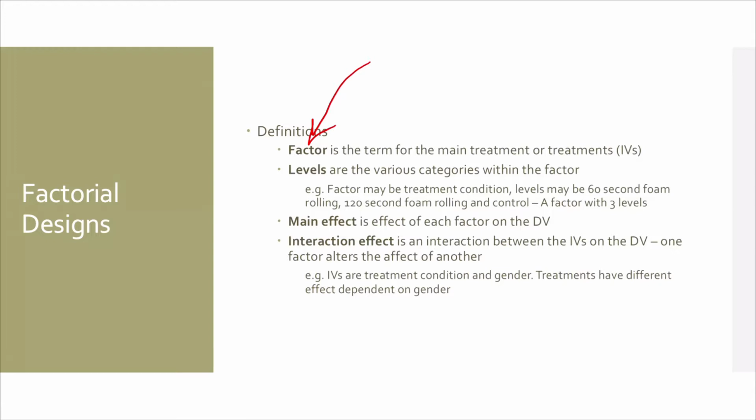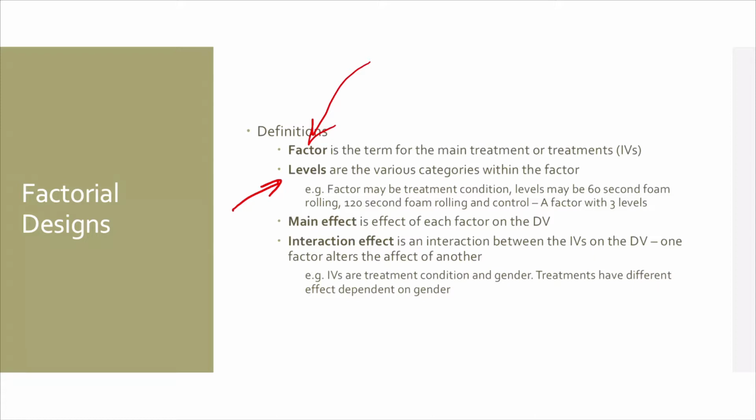So again, we're going to look at a couple examples here, but if my study is comparing the effects of 3 different types of foam rolling, one with a vibrating foam roller, one with a non-vibrating foam roller, and a control group, the factor is treatment group. Within the factor, there are 3 levels. The levels would be non-vibrating foam roller, vibrating foam roller, and control. So the levels are the various categories within a factor.